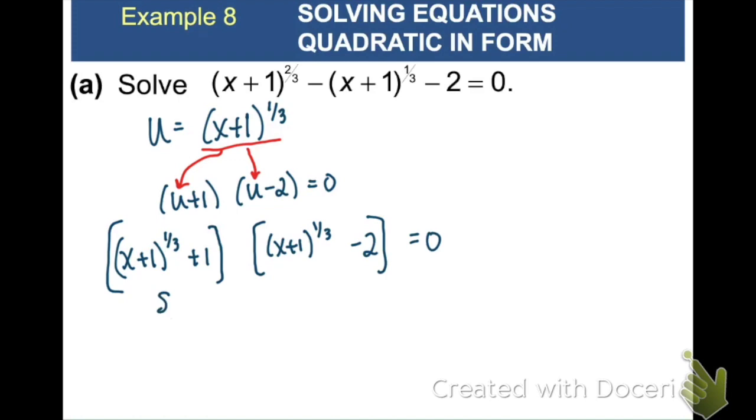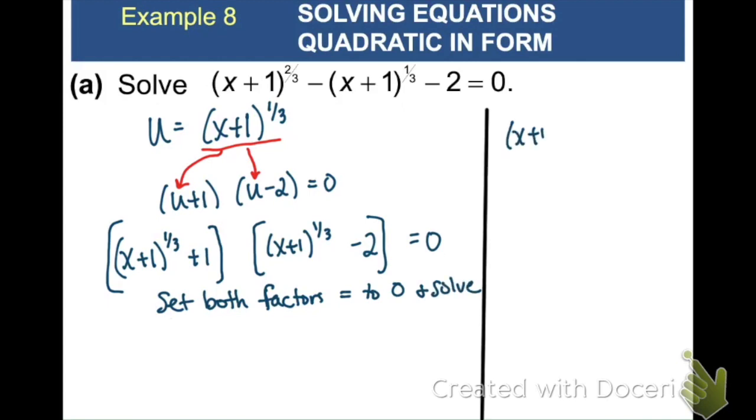Okay, so now what we need to do, since we're solving, is we're going to set each of these factors equal to 0 in order to solve. So one at a time here. Move the 1 over by subtracting.